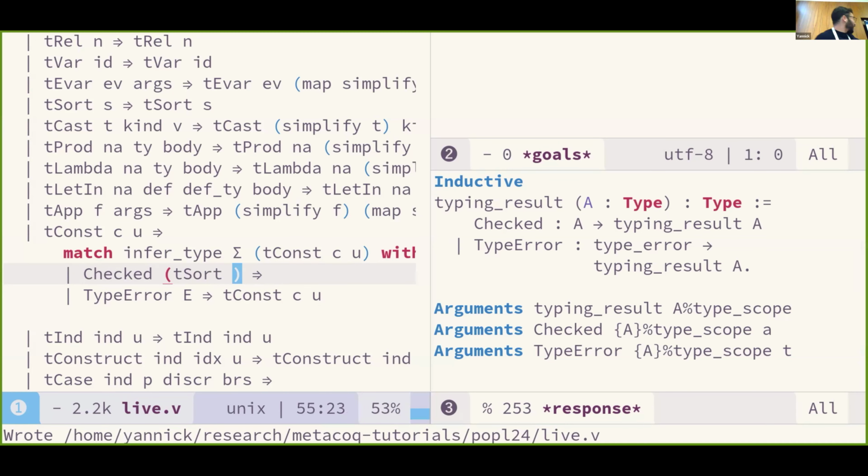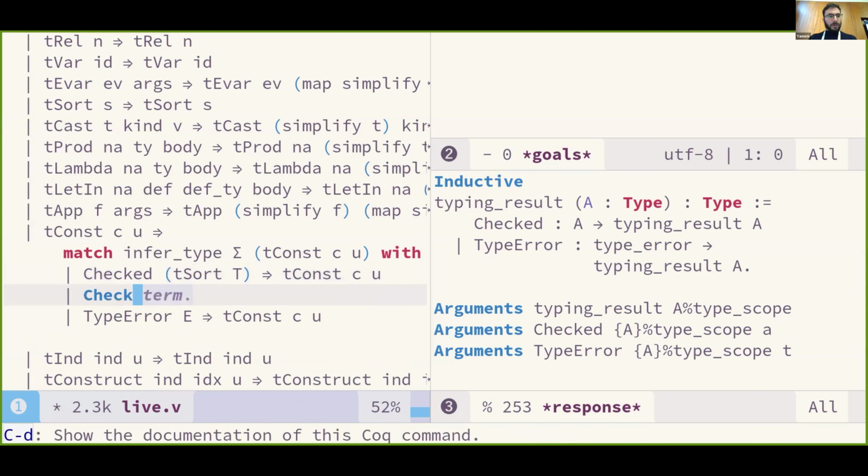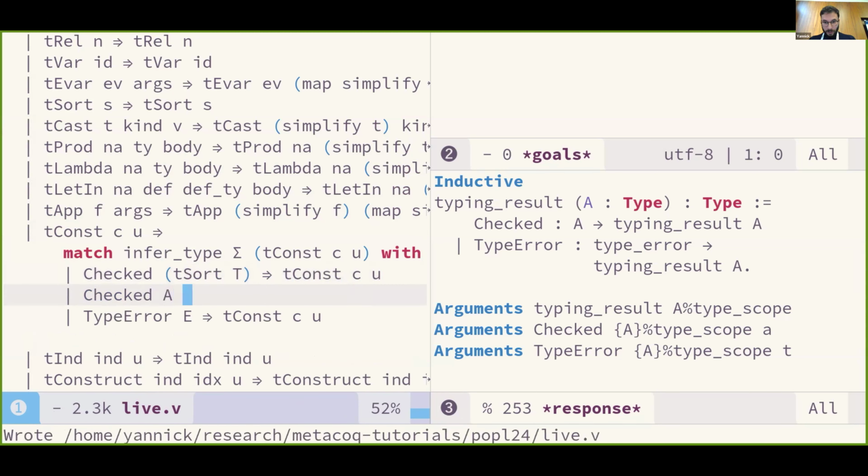So if the type of the constant is big type, so a sort, then it's non-computational, and we want to keep it as is. If it's a sort T, this is more or less the same as type in Coq, so we are going to keep it as is. And if it comes back with another thing that is not a sort, let's call it K.